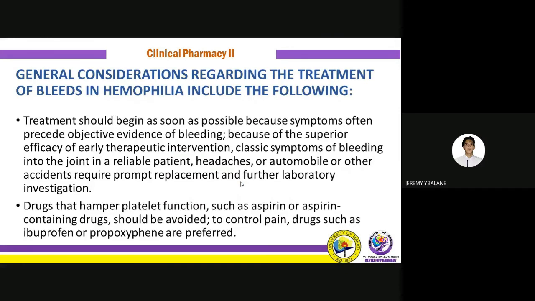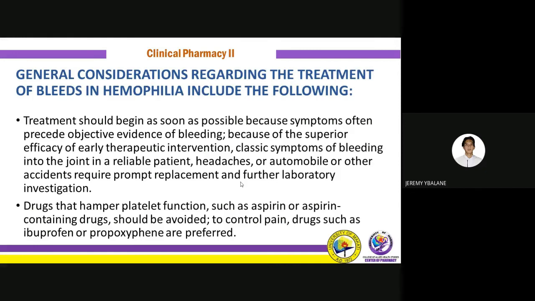Next slide please. The general considerations regarding the treatment of bleeds in hemophilia include the following. Treatment should begin as soon as possible because symptoms often precede objective evidence of bleeding, detectable during circumcision if there's a severe bleeding.